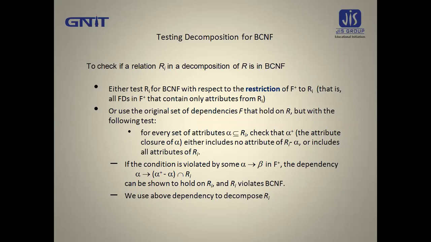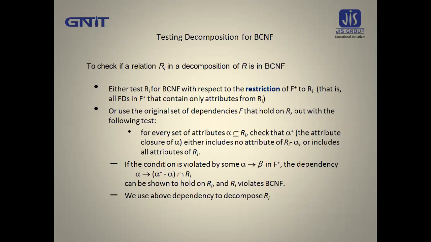That is, for every set of attributes alpha which is a subset of Ri, we need to check that alpha plus, the attribute closure of alpha, either includes no attribute of Ri minus alpha or includes all attributes of Ri.